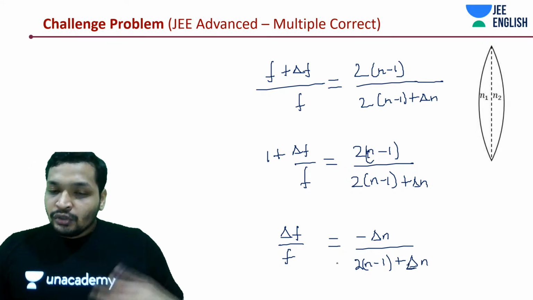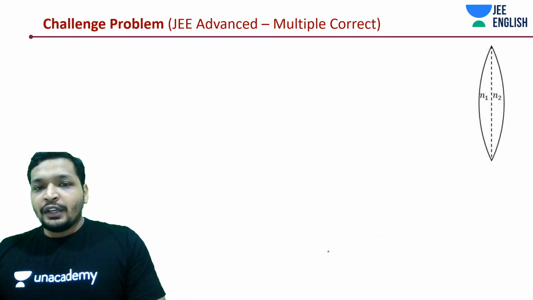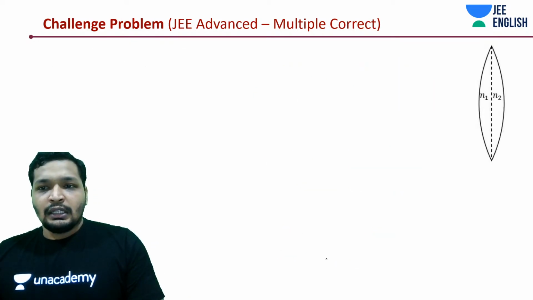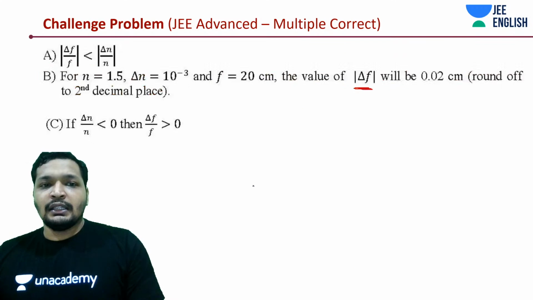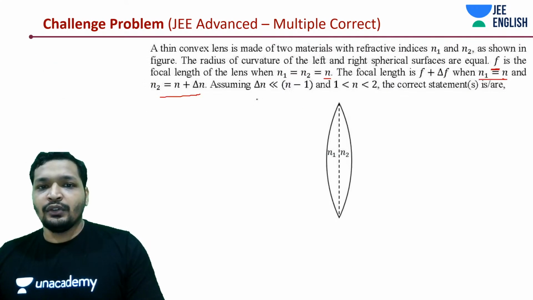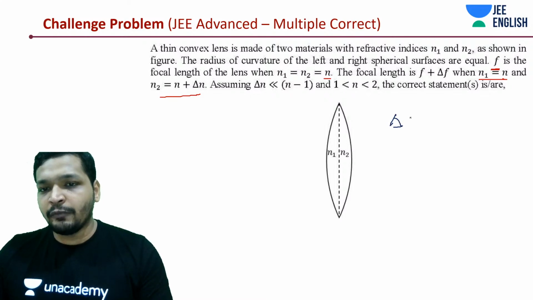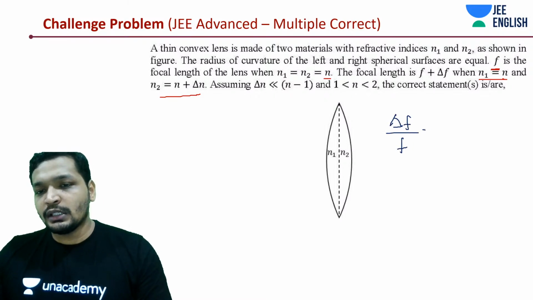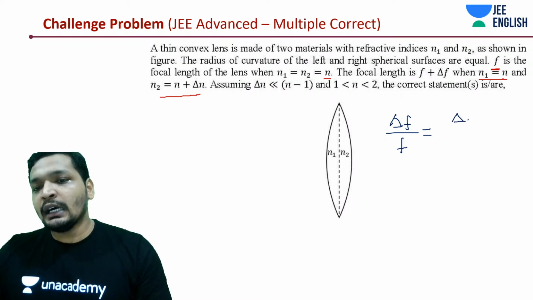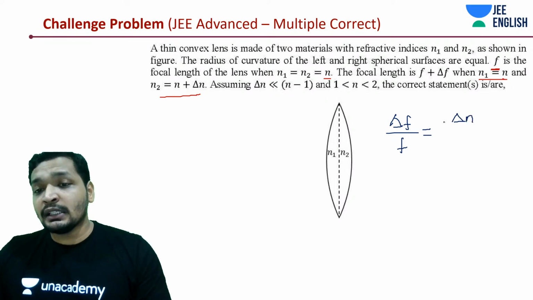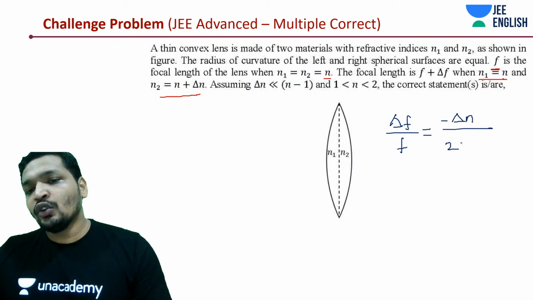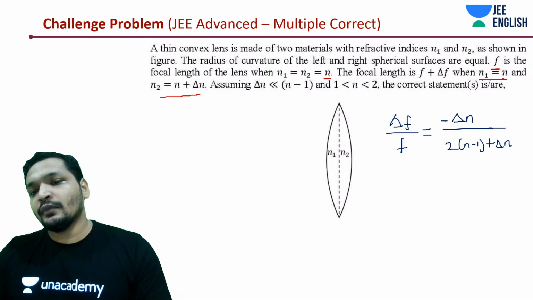Okay. So now let's do a thing. Now we need to go through the conditions. The first thing we need is the data, which says, in this case we have just derived this thing. I'm writing it down. Delta f by f is equal to minus delta n divided by 2n minus 1 plus delta n. Okay.